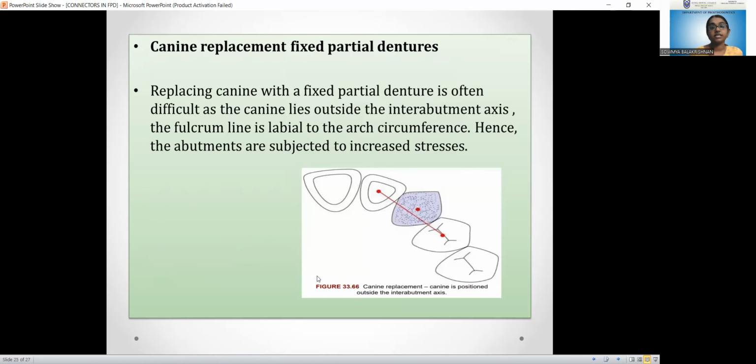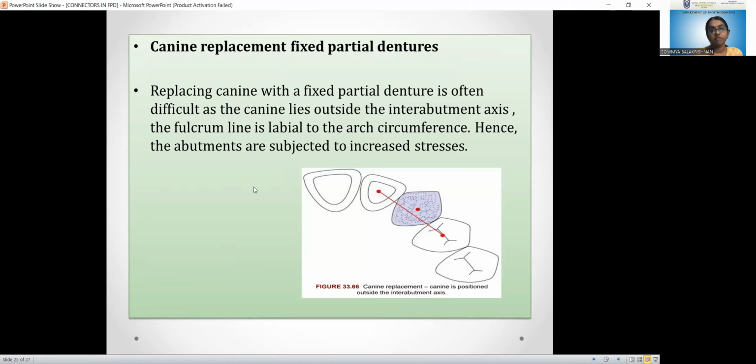Next special consideration is the canine replacement FPD. Replacing a canine with an FPD is difficult because the canine always lies outside the interabutment axis, and the fulcrum line is labial to the arch circumference. Hence, the abutments are subjected to increased stress.